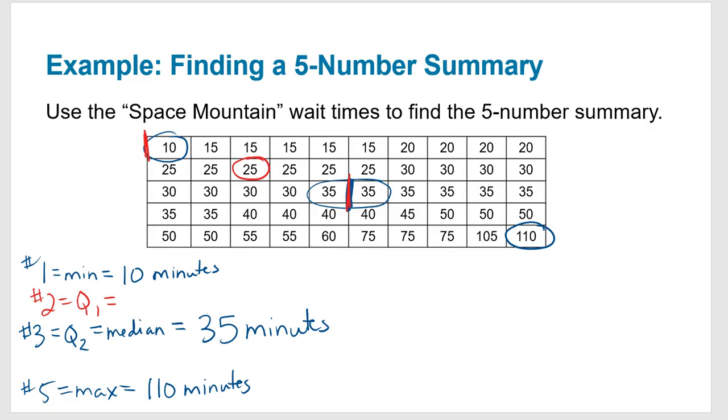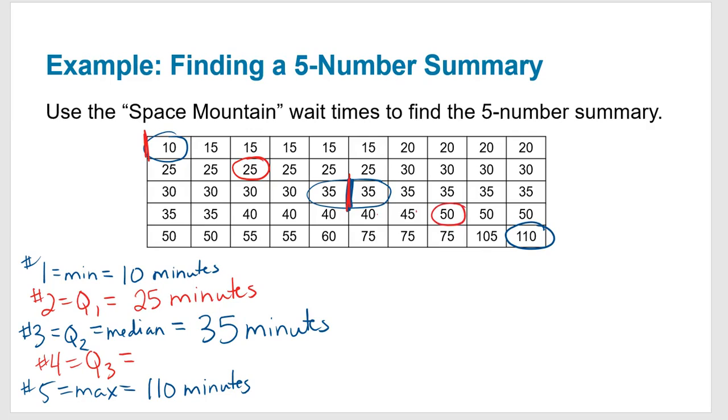There's my 1 in the middle, and then there should be 12 above it. So there's my Q1, 25 minutes. It is the median of the lower half of the data. Then I'm going to do the same thing for number 4, my Q3, which is the median of the upper half. I'm going to count up 12: 1, 2, 3, 4, 5, 6, 7, 8, 9, 10, 11, 12.